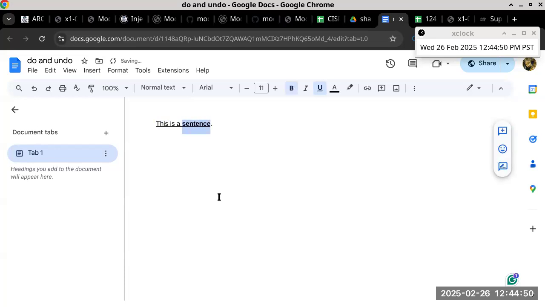If I type Control Z right now, what's going to happen? Is it going to get rid of the underline of the entire sentence, or is it going to get rid of the boldface of sentence itself? Exactly. And then if I undo one more time, what is it going to do? The underline. That's exactly what I'm trying to say.